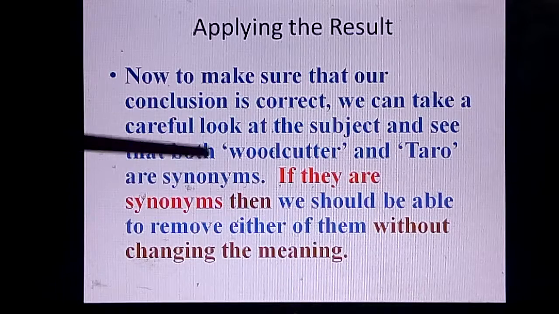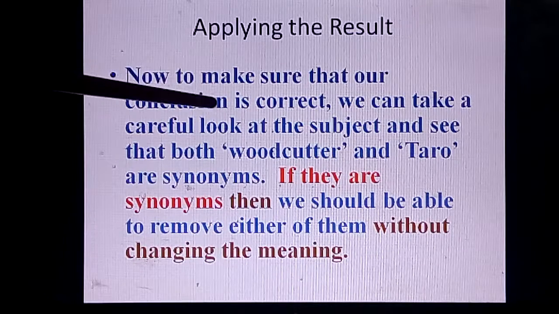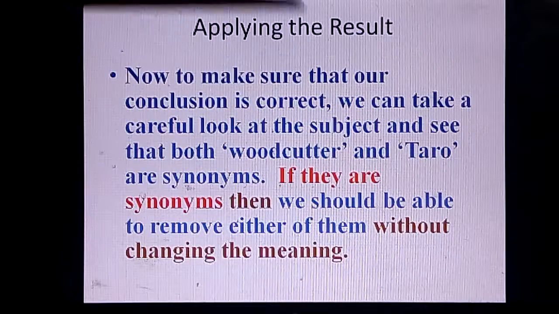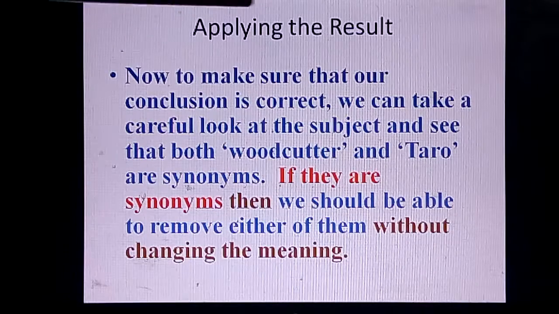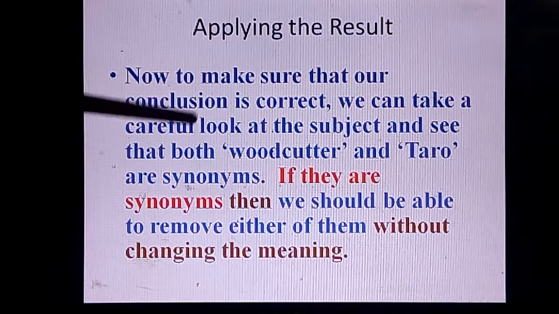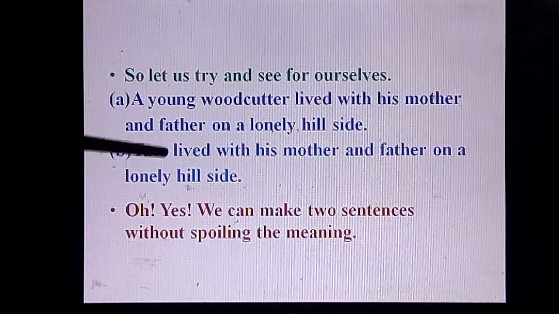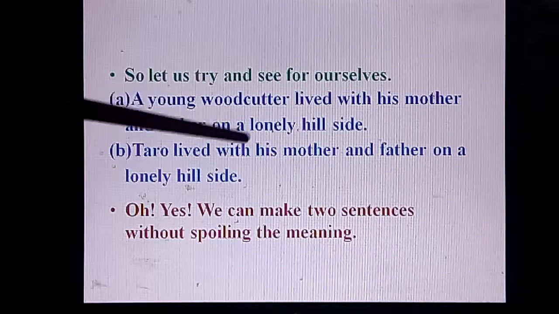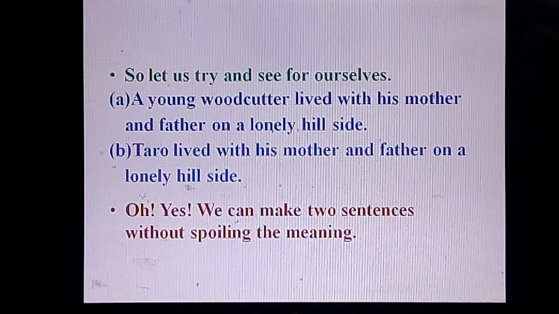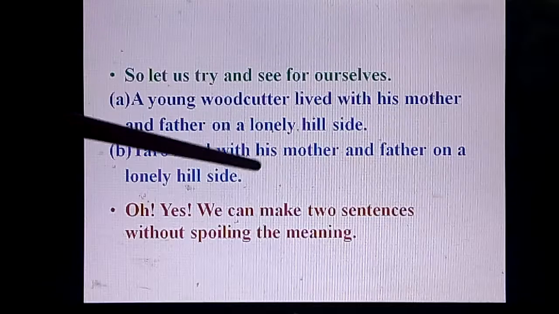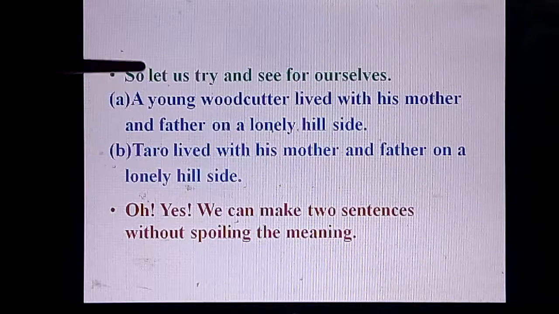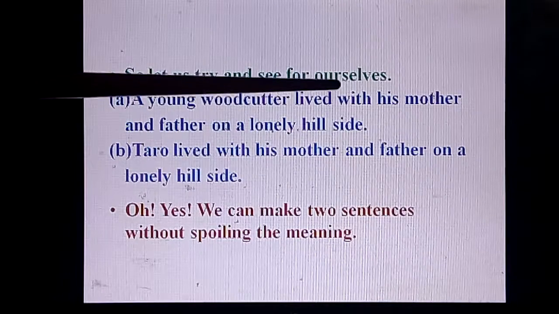That means two things are coming in the subject part and both are complementing each other equally. Then we can say that they are synonyms, right? And if they are synonyms, then taking either of them and leaving either of them will not make much difference to the sentence. Okay, so let us try and see for ourselves.